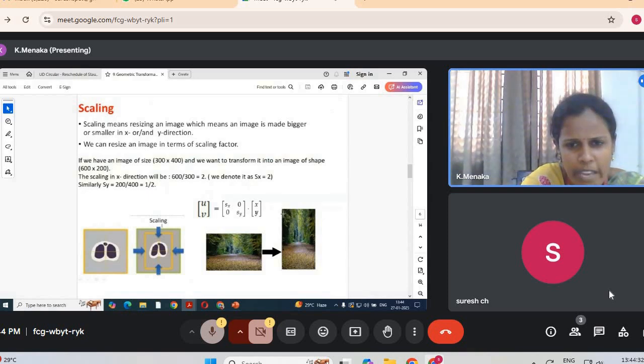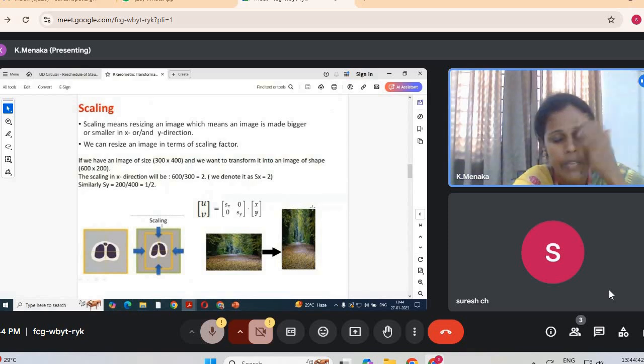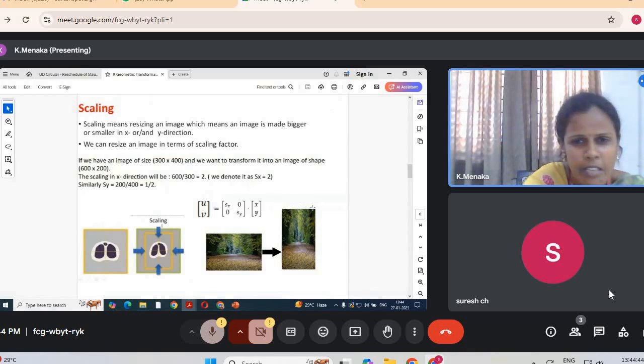So the x size is 2 times bigger, whereas the column of the input image is half of the input image. That is called scaling. Scaling is nothing but resizing an image, which may be made bigger or smaller in the x and y direction.